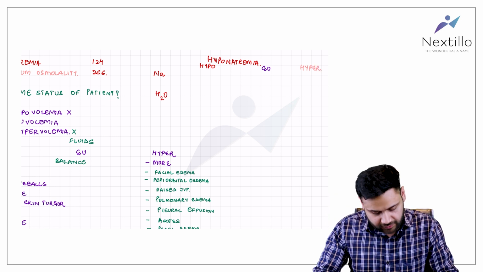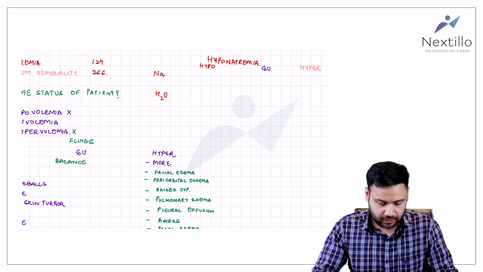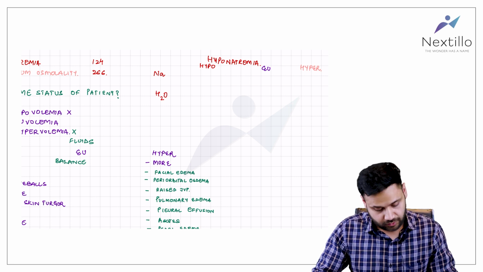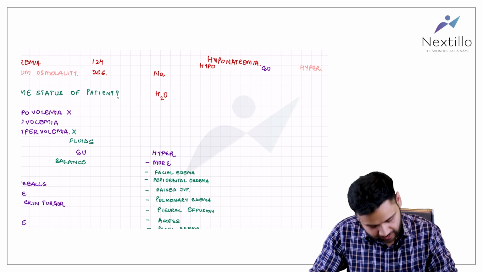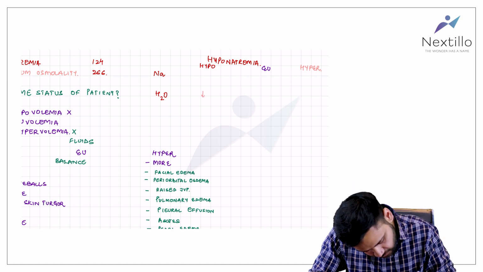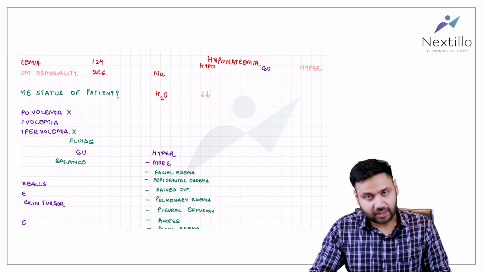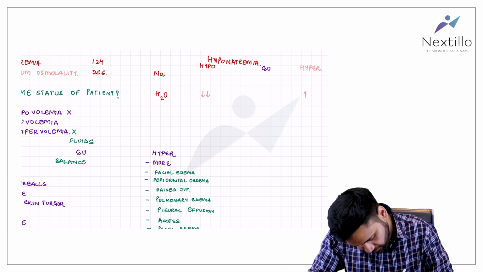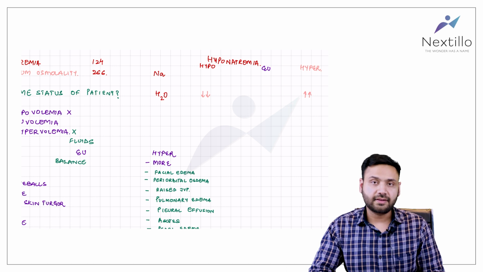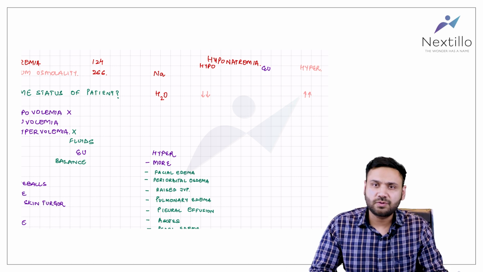So in all of these states, let's discuss, right? In hypovolemia, there would be less water. In hypervolemia, there would be more water. And as we discussed, there was balance in euvolemia.